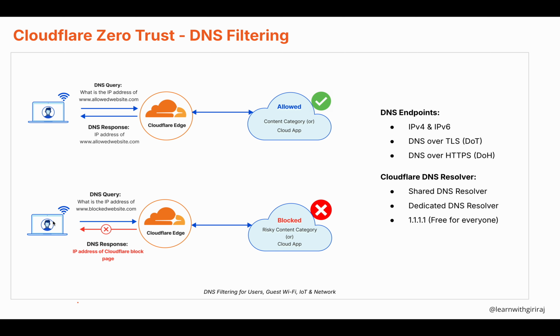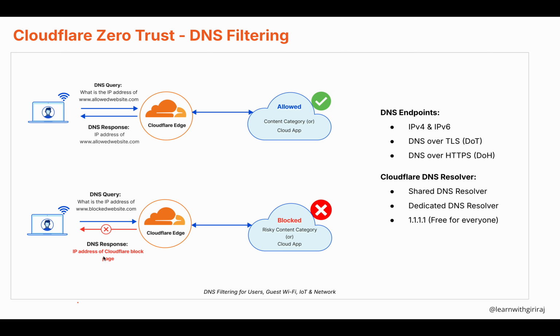Let's say a user or a network is protected by Cloudflare DNS filtering and you steer all the DNS traffic to Cloudflare, and assume you have created a policy to block risky websites, or block a specific cloud app or URL, or maybe DNS queries to specific countries. Instead of resolving the DNS query to the actual IP of the web server, Cloudflare will return a specific block page IP.